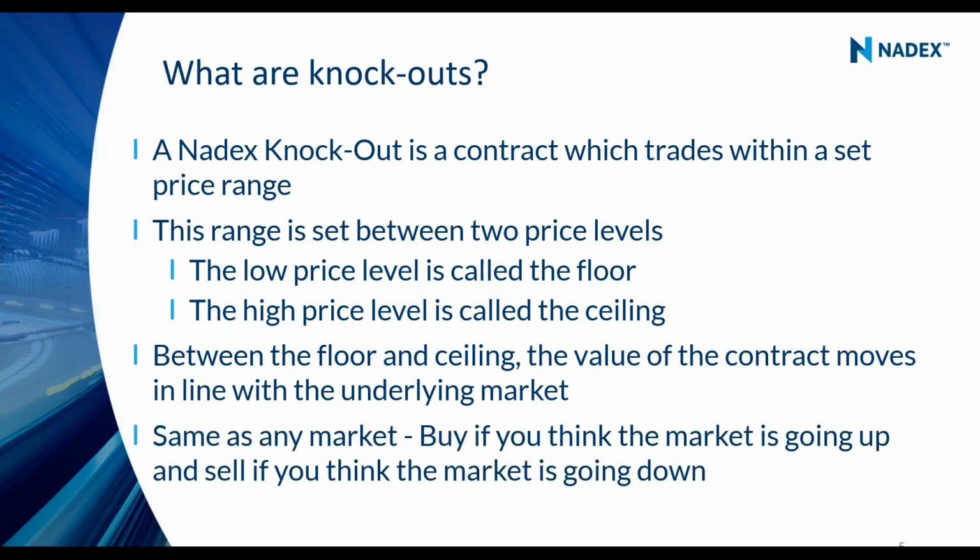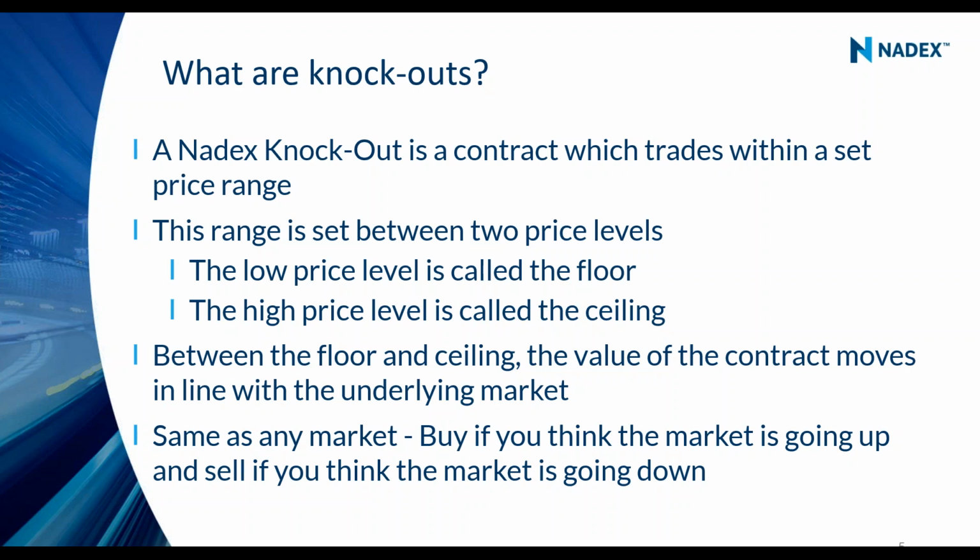It's like when you trade stocks. Stocks are a Delta 1 product. You're trading a price of something at that moment in time. And so the price of the knockout will move right in line with the underlying product.